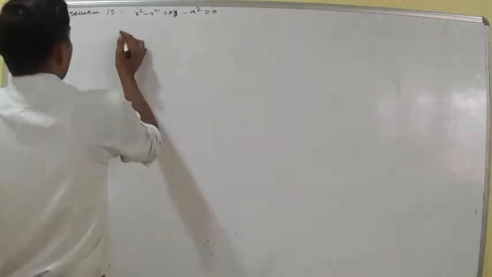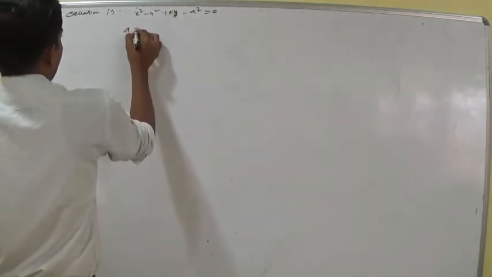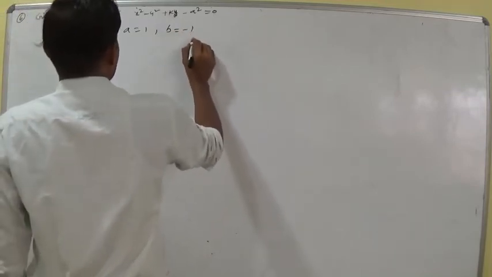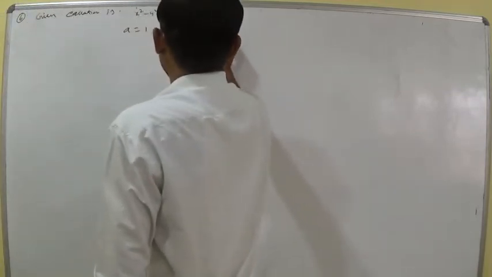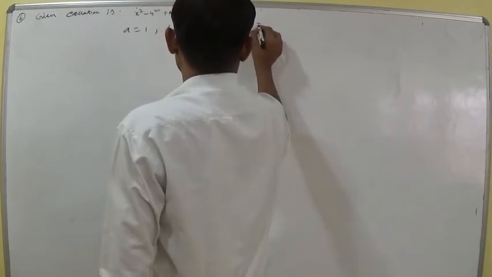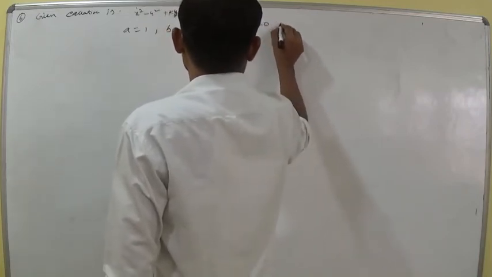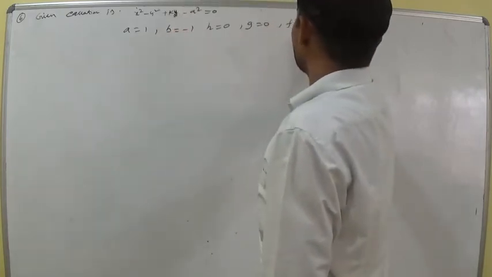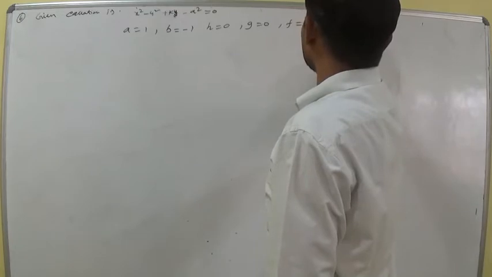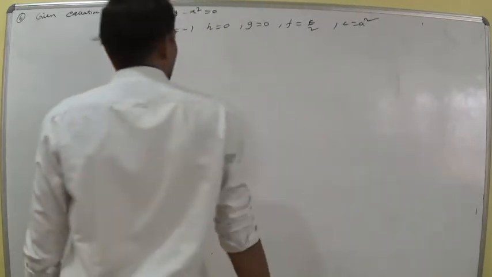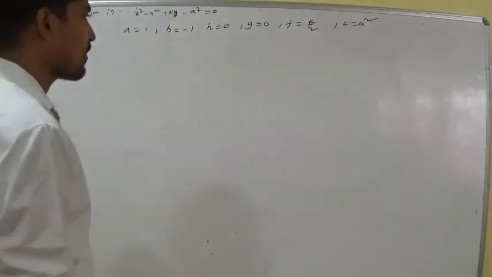Here a is equal to 1, b is equal to minus 1 and h is equal to 0, g is equal to 0, f is equal to k by 2 and c is equal to a square. What is c here? A square.